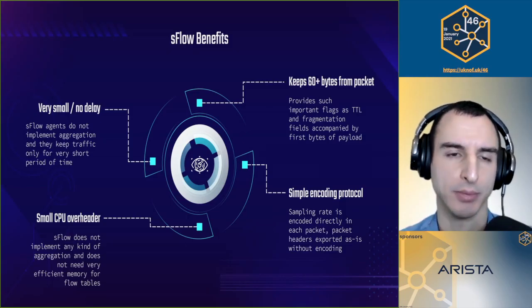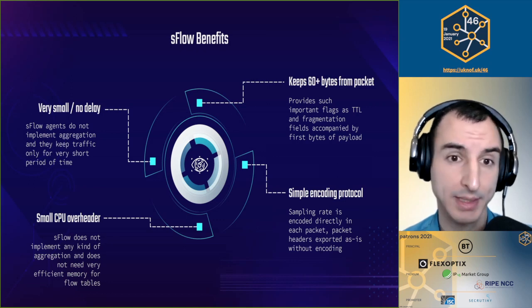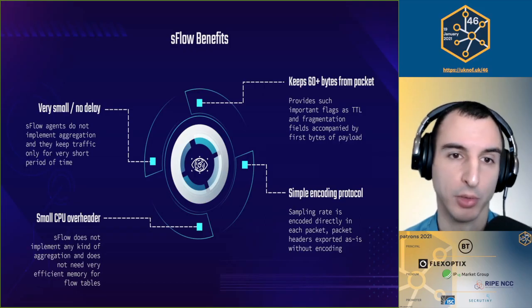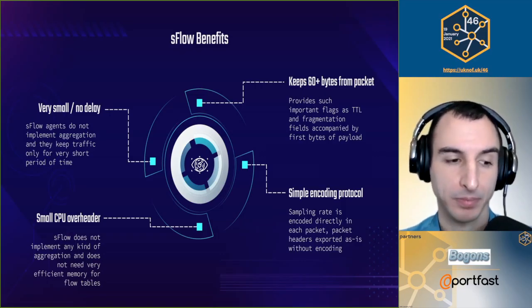We don't need a serious amount of memory for flow tracking. We don't need extremely expensive hardware memory for flow tracking. It's just what we observed and immediately sent. And typically for switches implemented in hardware, the control plane just observes sampled packets, which need to be just collected and forwarded to the collector.